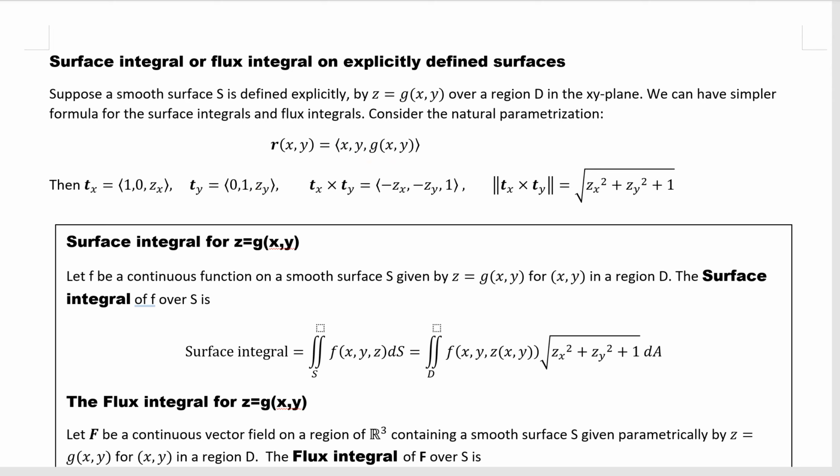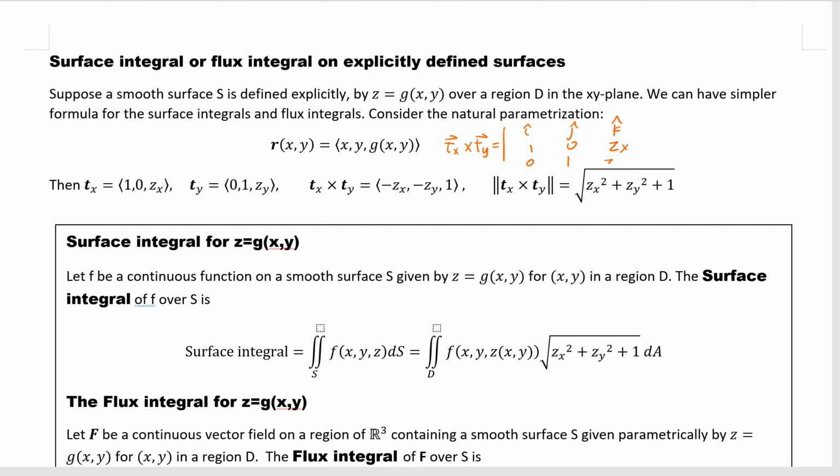Then what is the cross product? Let me show you here. Remember, Tx cross Ty, we do i, j, k. Tx is 1, 0, z_x.